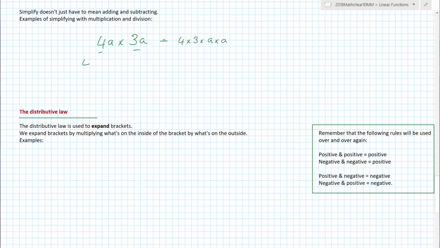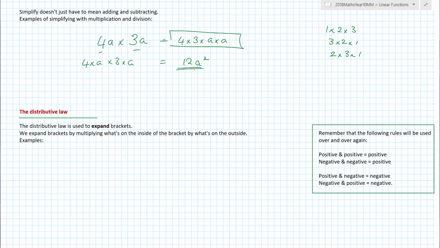So because that's 4 times a times 3 times a, putting those times signs back in, and because I remember that 1 times 2 times 3 is the same as 3 times 2 times 1, which is the same as 2 times 3 times 1, then generally speaking, when things are all multiplied together, I move all the numbers together and do that first. Well, 4 times 3 is 12. And then a times a is a squared. And so 4a times 3a becomes 12a squared.